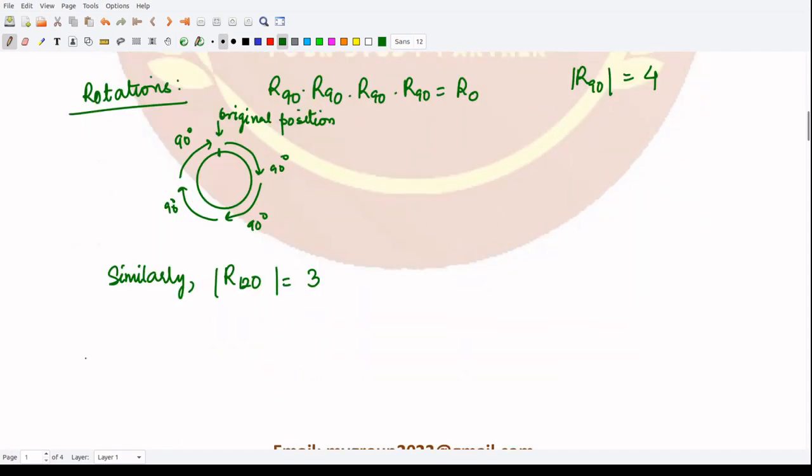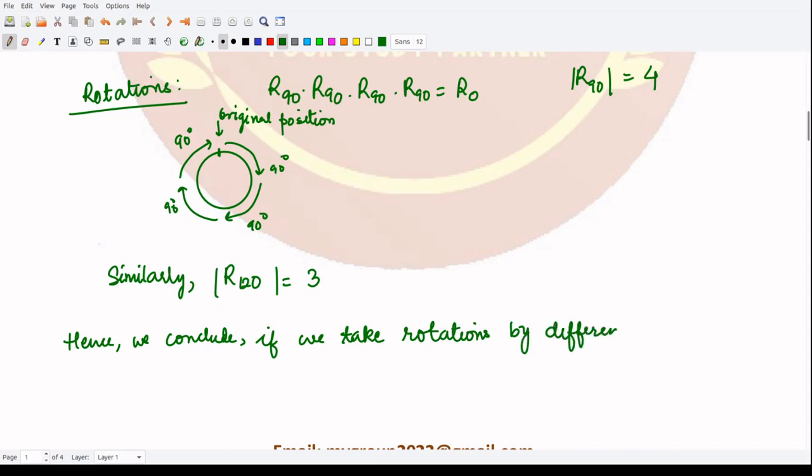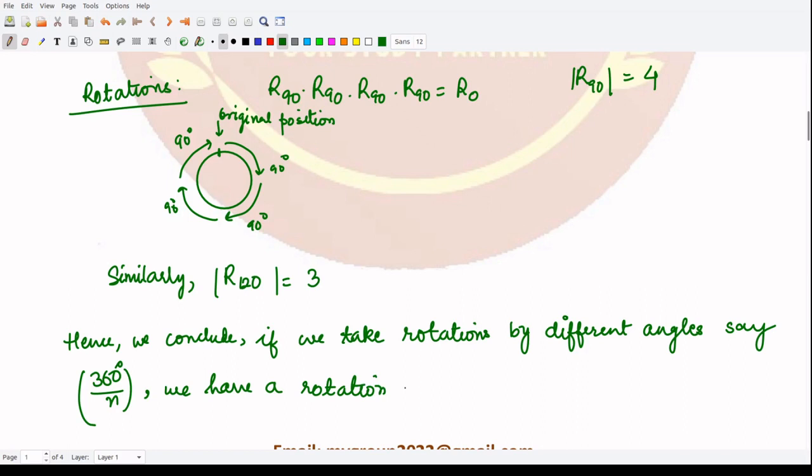Hence we conclude, if we take rotations by different angles, say 360 divided by n, this is your angle, we have a rotation of order n.